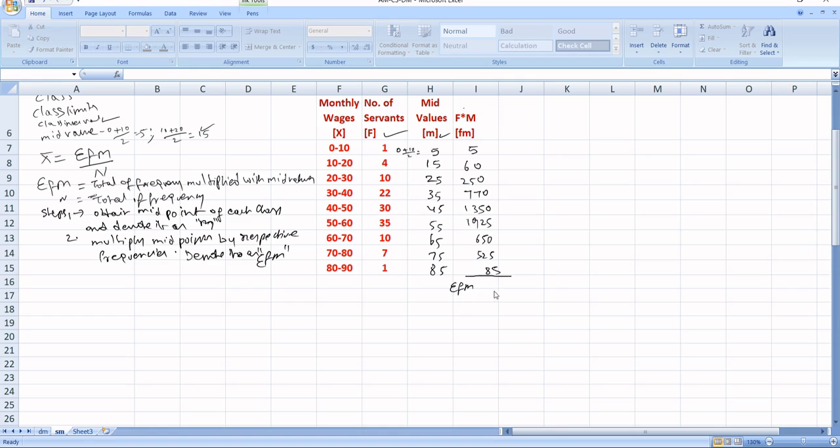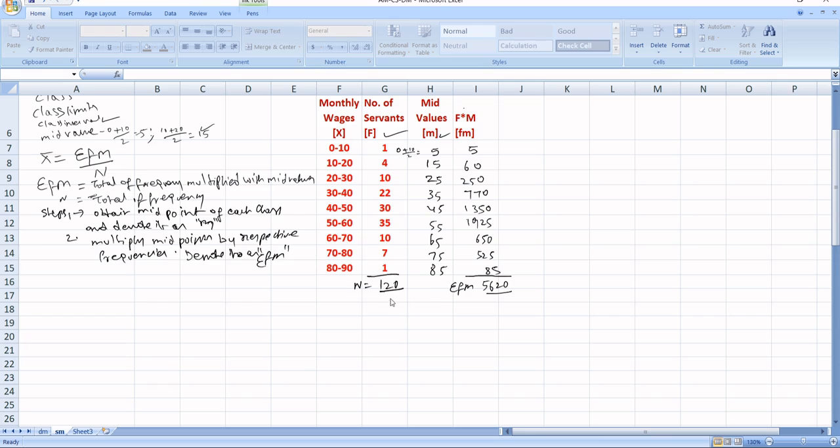Summation fm is equal to, when you total all these, the answer is, okay students, 5620. And you should also total frequency n. N is equal to how many? Total 120.